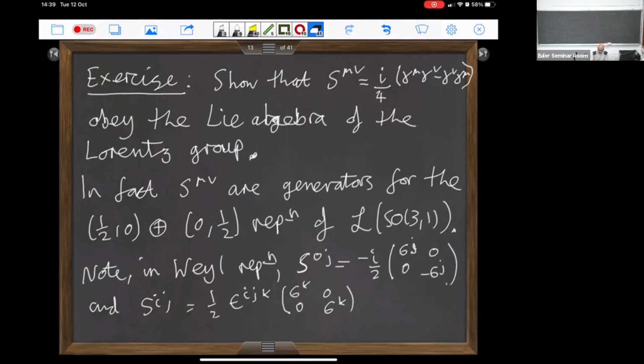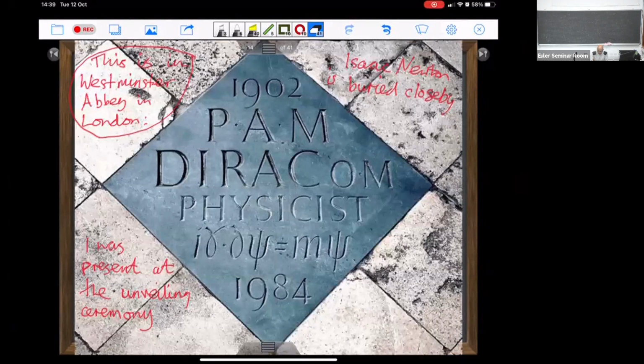Okay, before we break, I wanted to say a few personal words about Dirac. You can see here the Dirac equation on a plaque. I'm mentioning this just to emphasize two social points of impact.